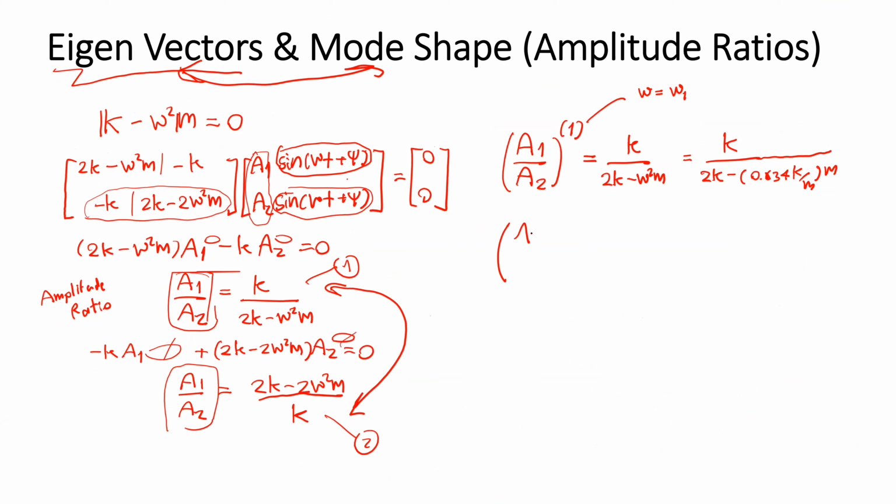We still use the same equation for mode 2. Same equation means we still use k divided by 2k subtract omega square m. But for the second mode, omega equals the second natural frequency.